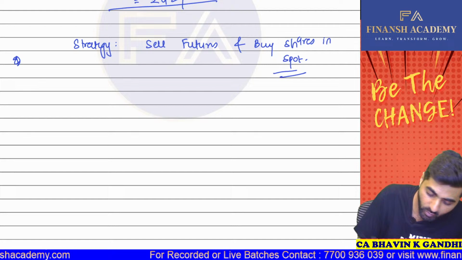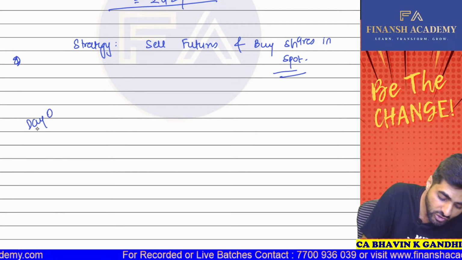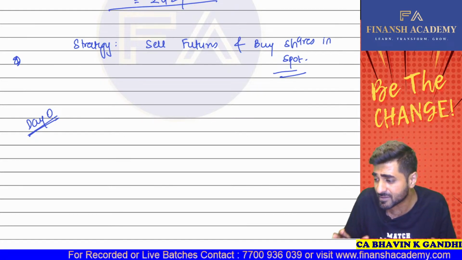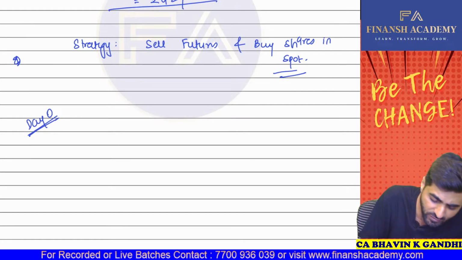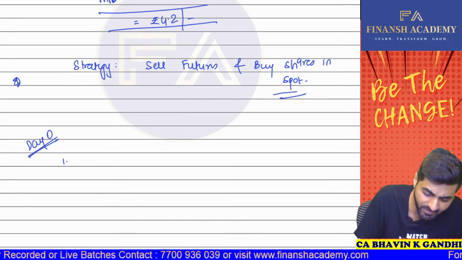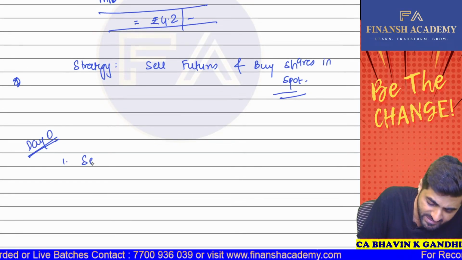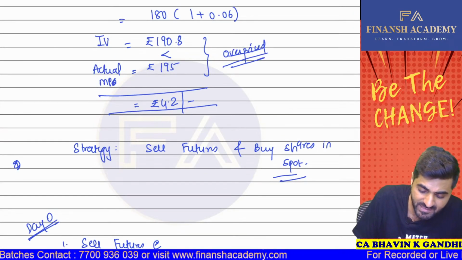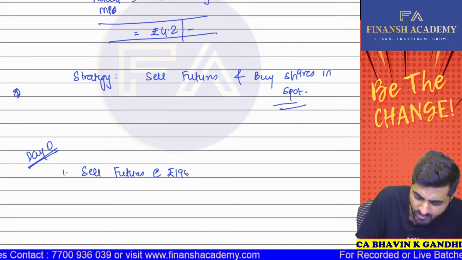So at day zero, what will you do? Very simple concept. First of all, sell your futures. At what price? We'll be selling it at rupees 195, which is the actual market price.